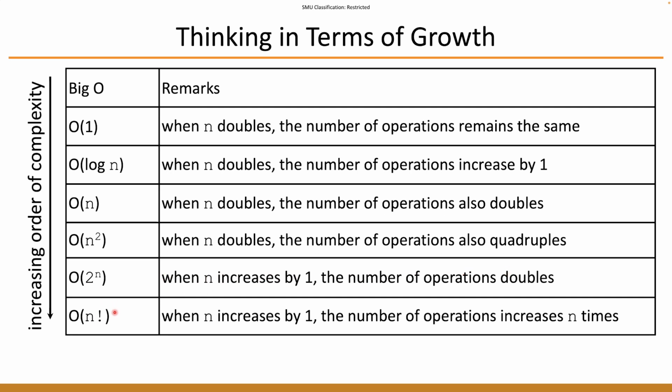Finally, if your complexity class is factorial, you increase n by 1, it means the number of operations will increase by n times, right? So that's why factorial is the worst possible complexity that we see on this page.